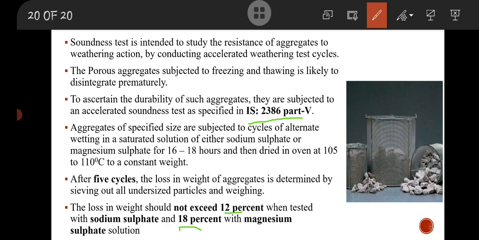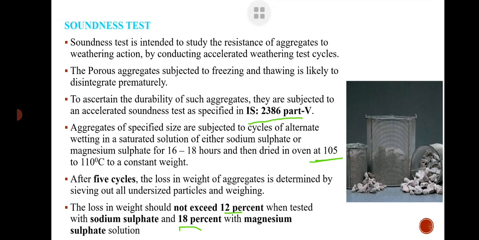The sodium sulfate or magnesium sulfate is kept on the aggregate for 16 to 18 hours and then dried in the oven at a temperature of 105 to 110 degrees centigrade.